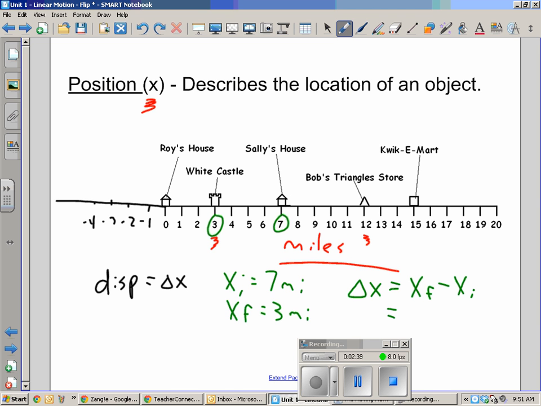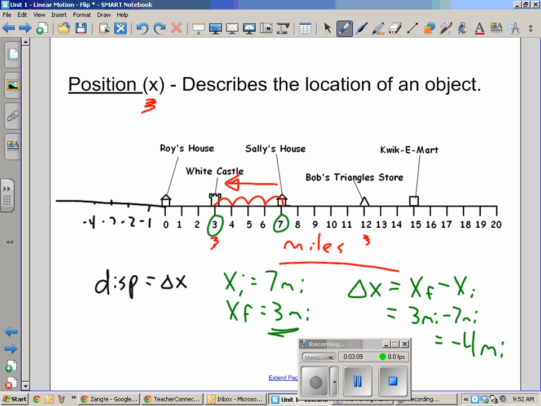So our change in position, displacement, is just 3 miles, final position, minus our initial position, 7 miles, and it gives you -4 miles, right? Which makes sense, because take a look at our drawing up here. If somebody walks from Sally's to White Castle, they're going to go 1, 2, 3, 4 miles in a negative direction. Okay? So that is that.